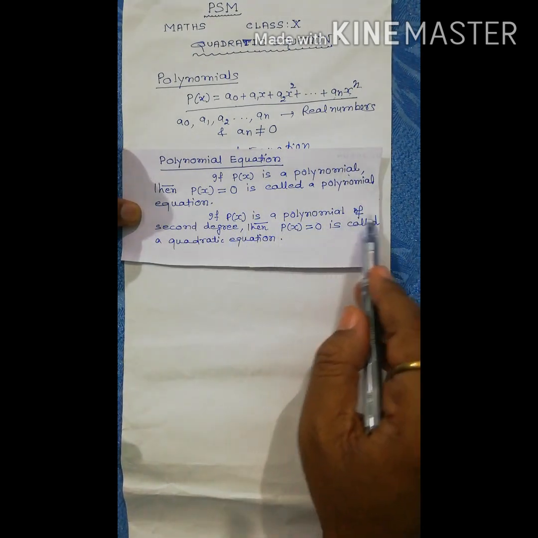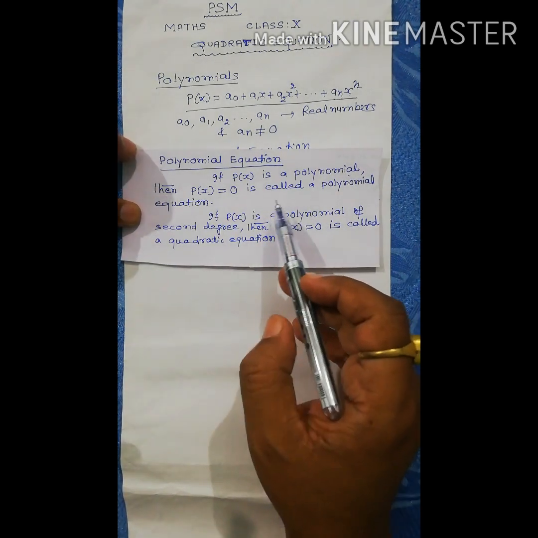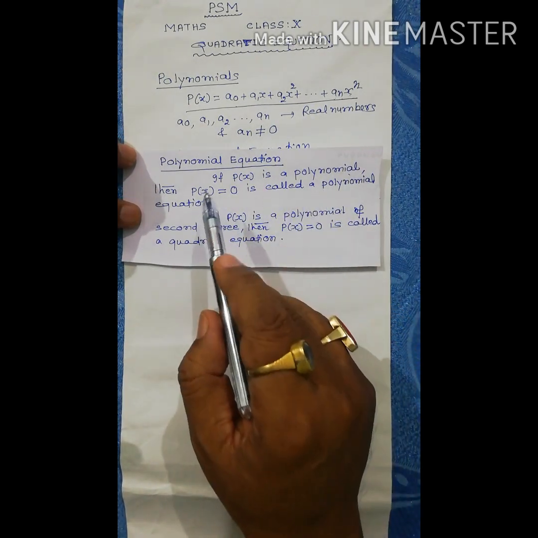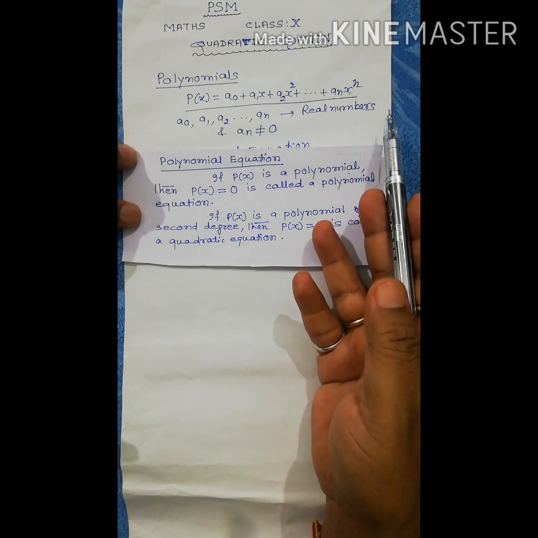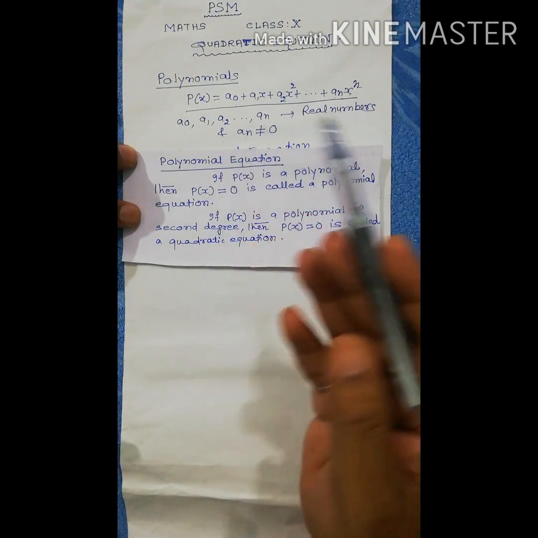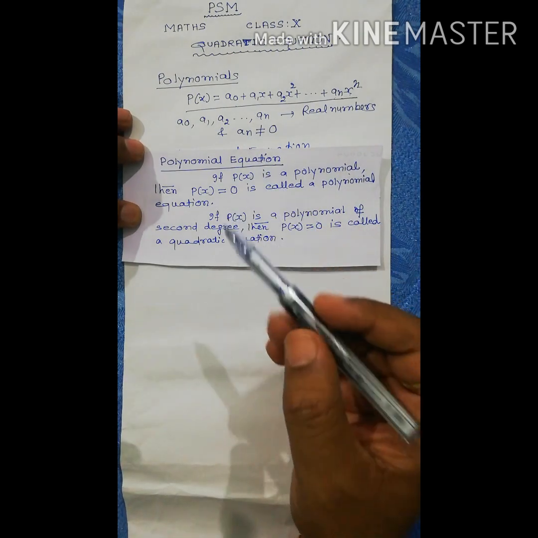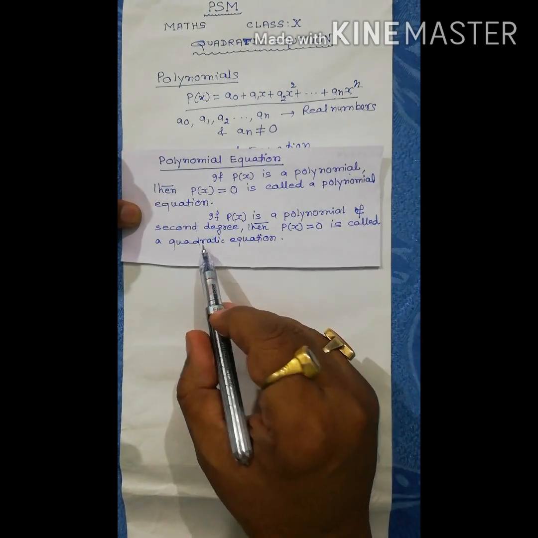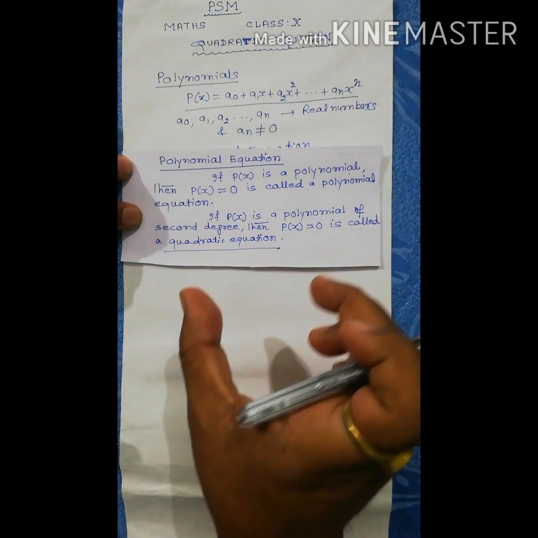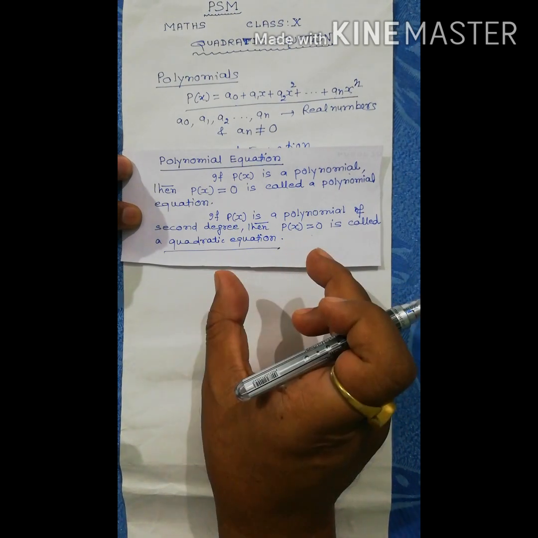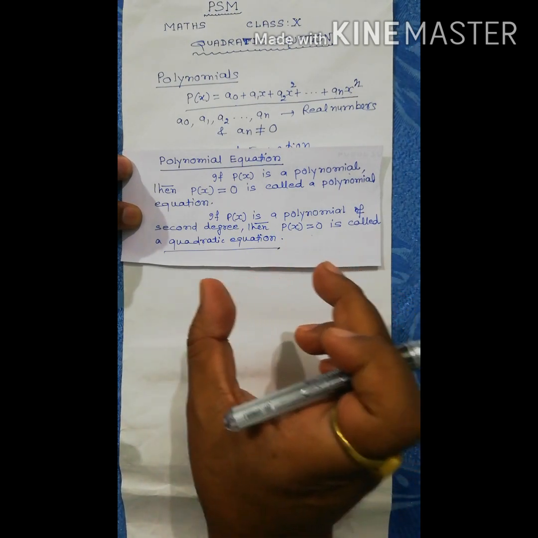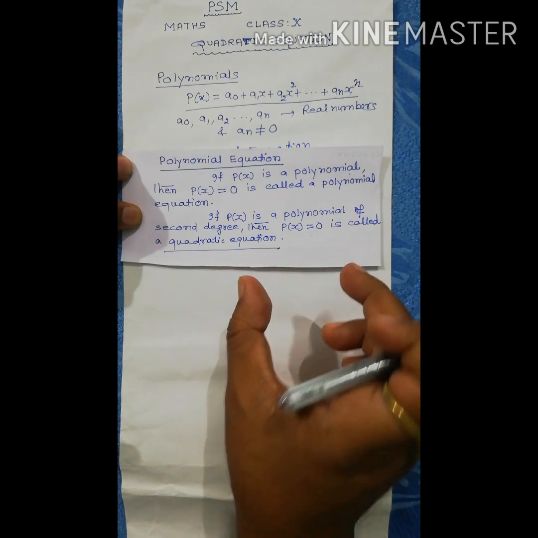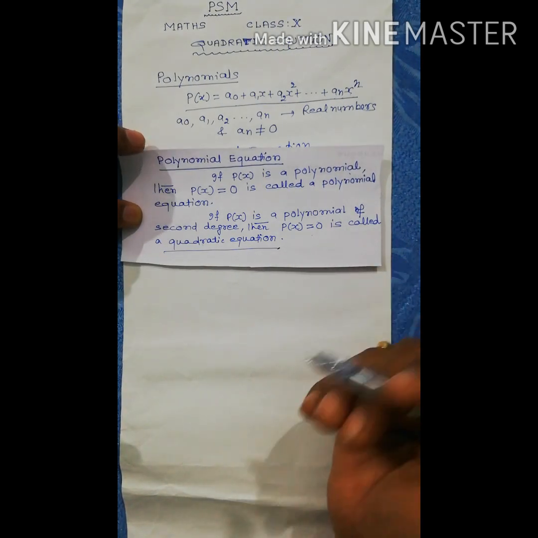Depending upon the degree of the polynomial, the degree may be n, it may be 2, it may be 3, it may be 1. So if p(x) is a polynomial of second degree, then p(x) = 0 is called a quadratic equation. That polynomial equation will be a quadratic equation if the polynomial is of degree 2.